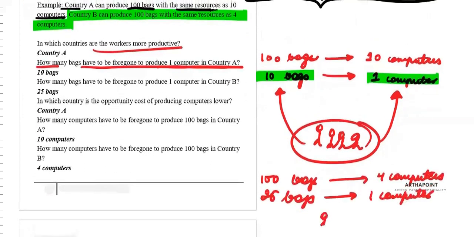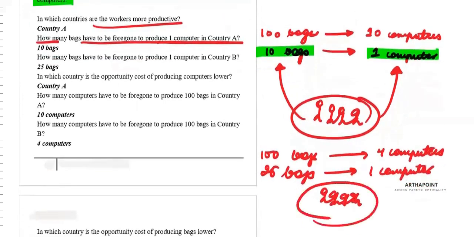So if I have my labor in country B, when I give up 1 computer, I can produce 25 bags. Think the other way around also. If I have to produce 1 computer, I will give up 25 bags. Right? If I give up 1 computer, I will produce 25 bags.